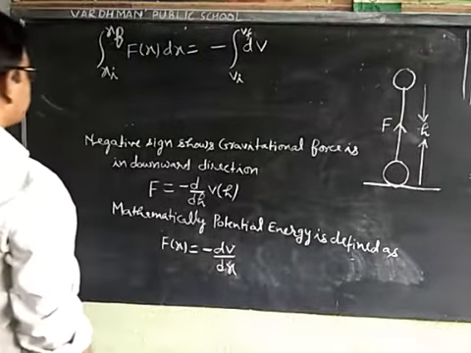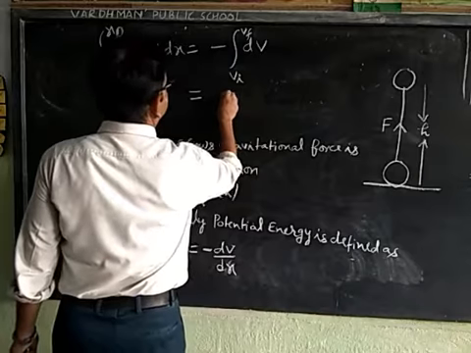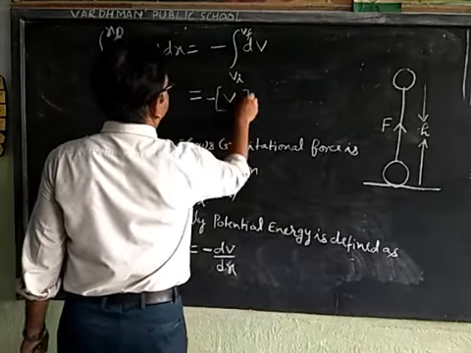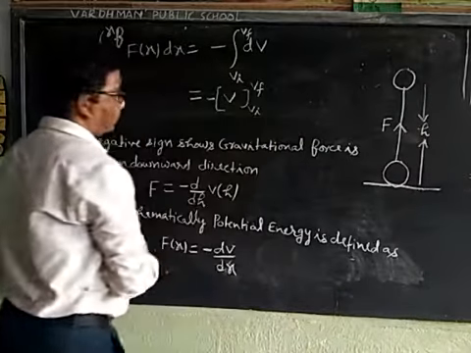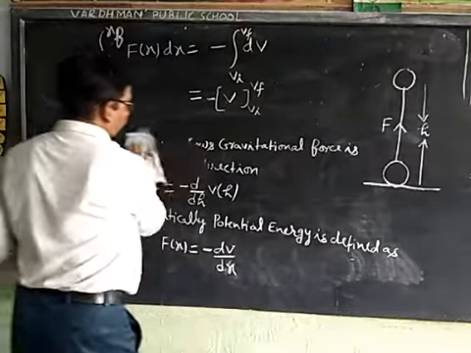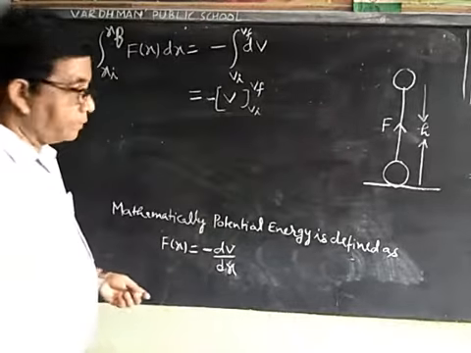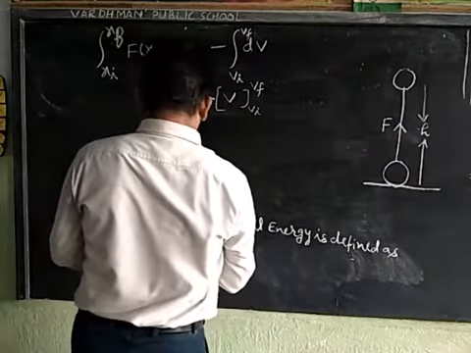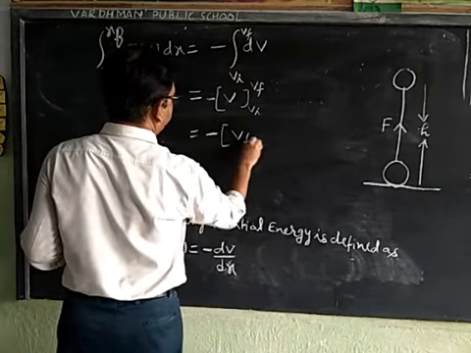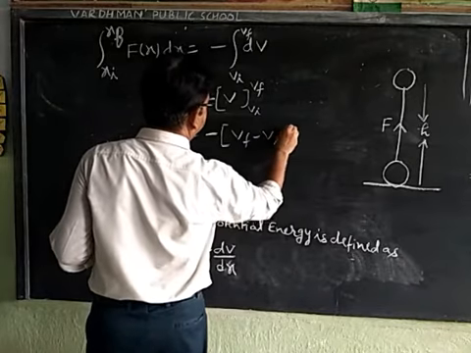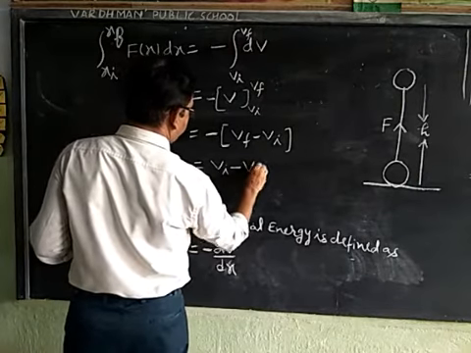The integration of dV is V with lower limit Vi and upper limit Vf. Now we can write upper limit minus lower limit, that is minus (Vf minus Vi), which is equal to Vi minus Vf.